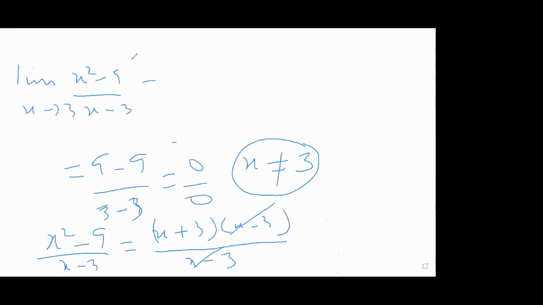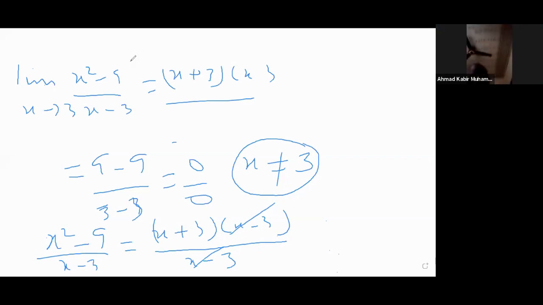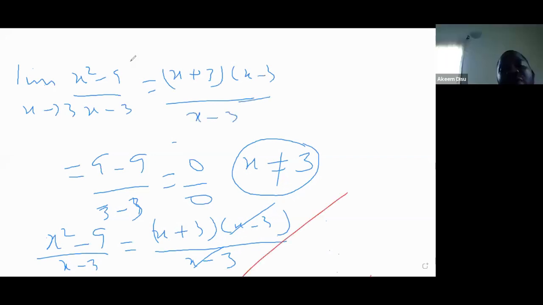Limit of x plus 3, x minus 3, sorry, this should be minus, all over x minus 3. And this cancels this. Then we now have x plus 3.